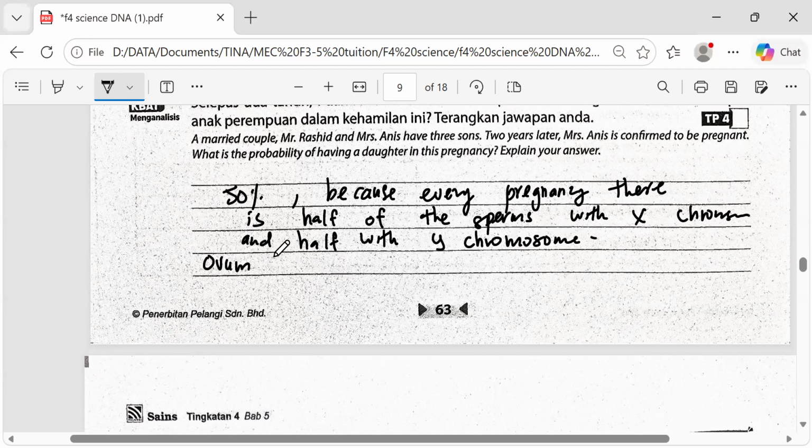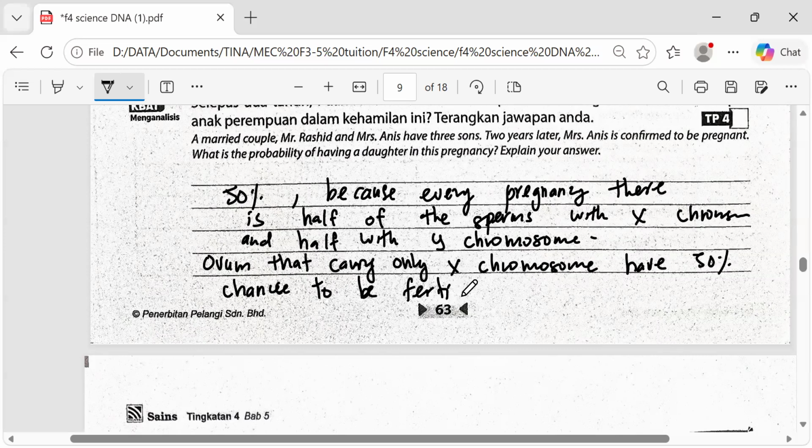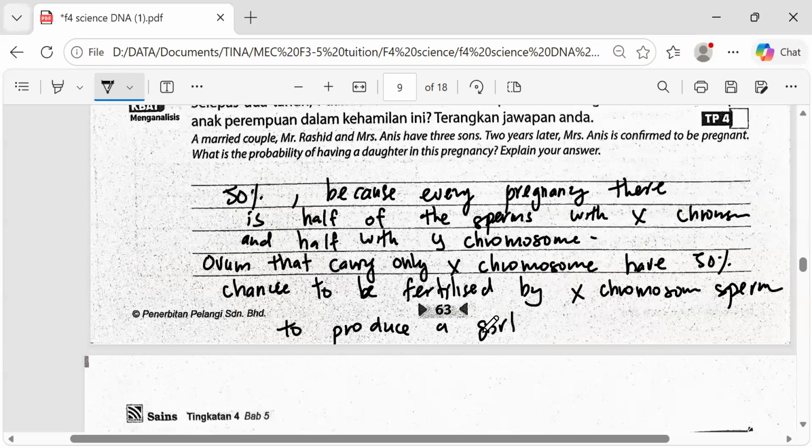Ovum that carry only X chromosome have 50% chance to be fertilized by the X chromosome sperm to produce a girl. Okay, so it's always 50%.